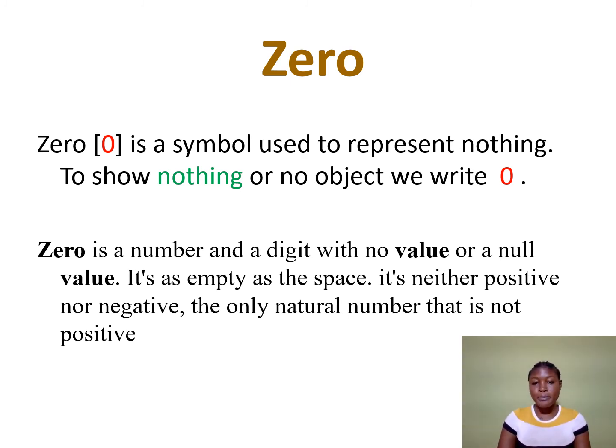We also say that it is the only natural number that is not positive, because natural numbers are positive whole numbers. But here lies the case: 0 is a natural number, but it is not positive. Good. I hope now you've gotten what 0 is.